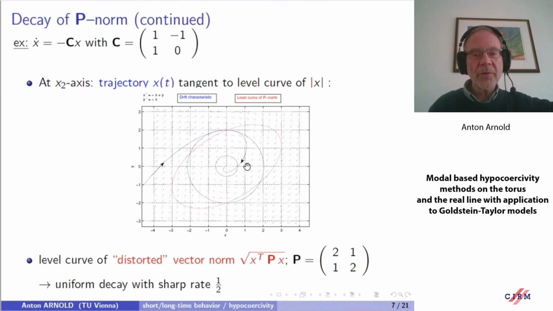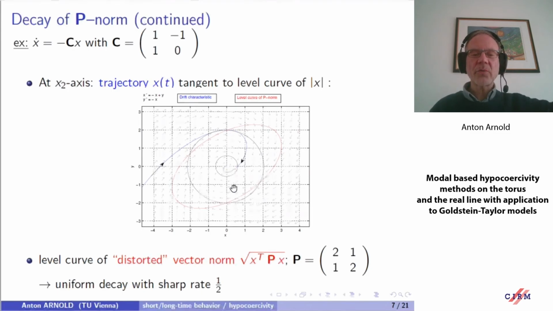But I want to point out, whenever this blue spiral crosses the x2 axis, for example here, then this is tangent to this black circle, which is the level curve of the Euclidean norm. So this means exactly at this point, the Euclidean norm of your solution does not strictly decay. This is where you have these plateaus, and same thing down here.